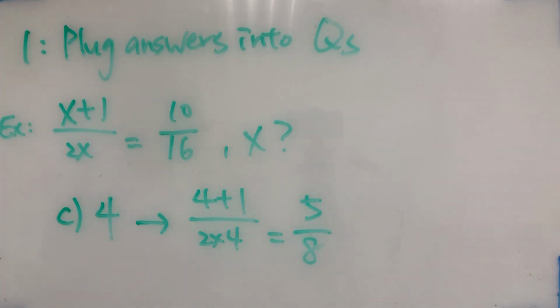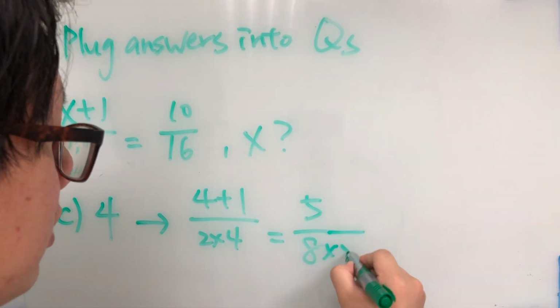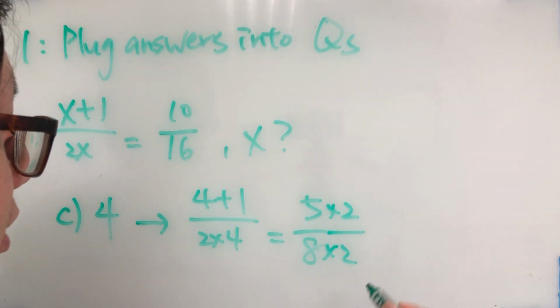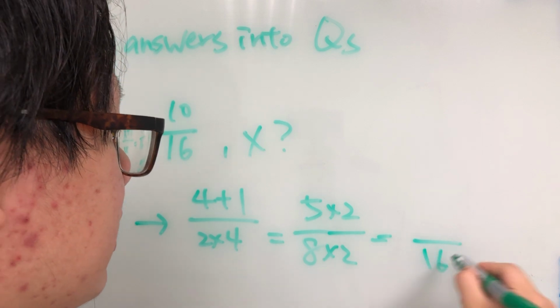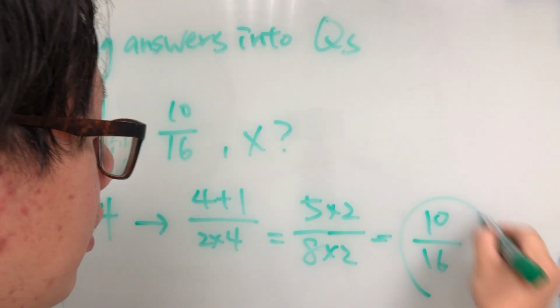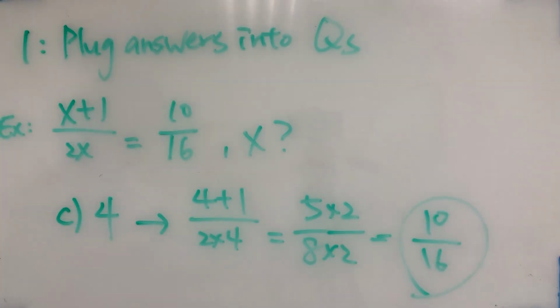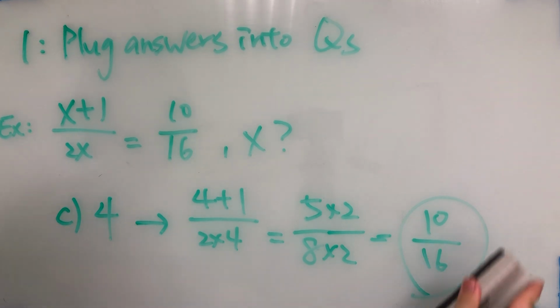Although it's not our answer yet, in fractions, you can do this. This is totally legal. And this will yield the answer of 10 over 16, which is our answer. So the answer to this one would be C, 4.